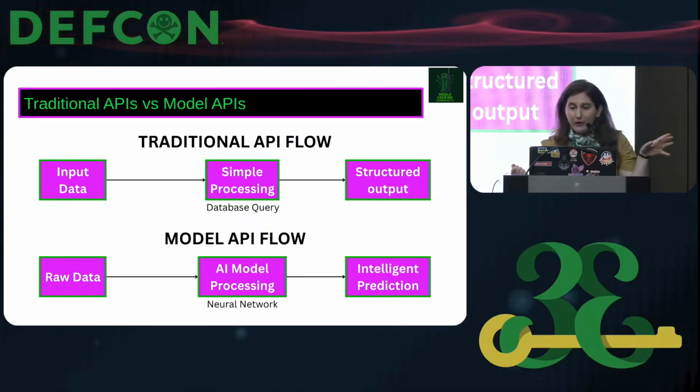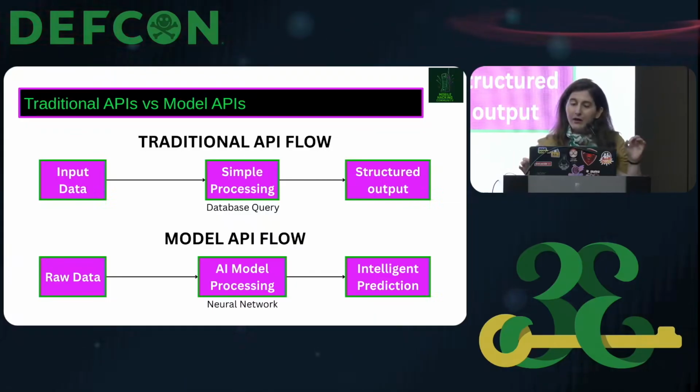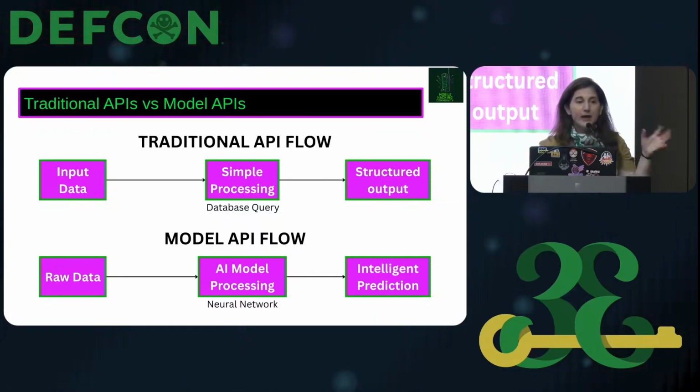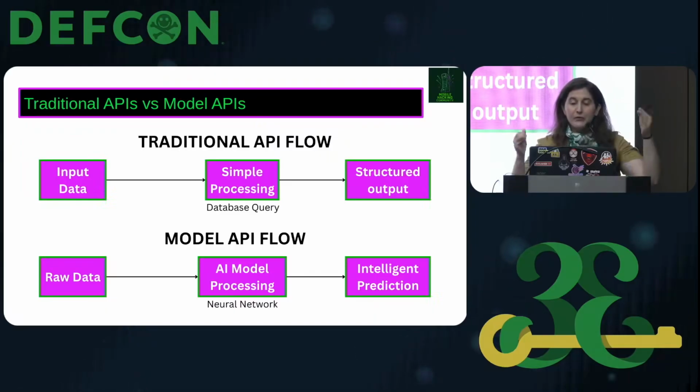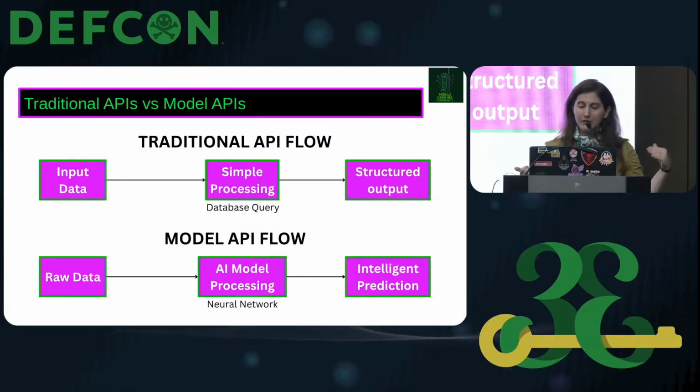Model APIs, on the other hand, are specifically built to tap into AI models and give you intelligent predictions or output. The type of data they work with is also really different. Traditional APIs use data like JSON or XML formats, which is predictable and organized. But model APIs are more flexible. You can input images, audio files, text or even videos, and they'll give you back things like classification or generated content.